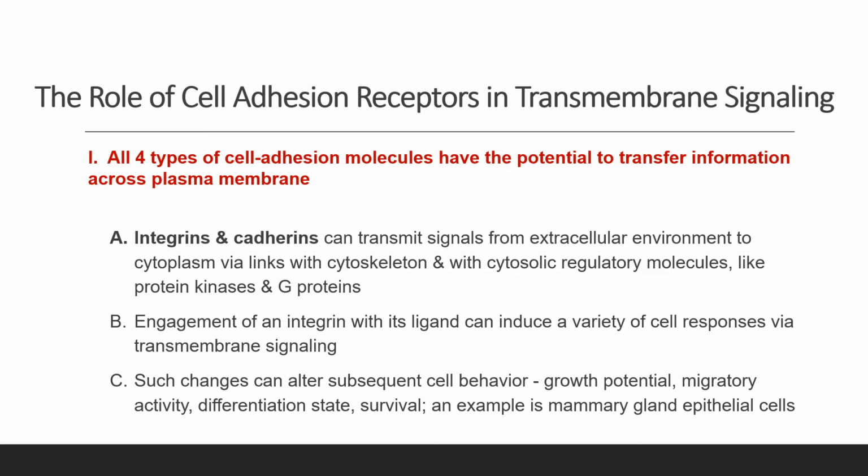The engagement of an integrin with its ligand can induce a variety of cell responses via transmembrane signaling, and such changes can alter subsequent cell behavior like your growth potential, migratory activity, differentiation state, and survival. An example would be the mammary gland epithelial cells.